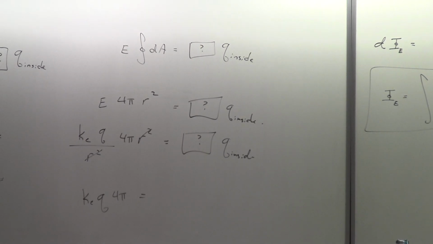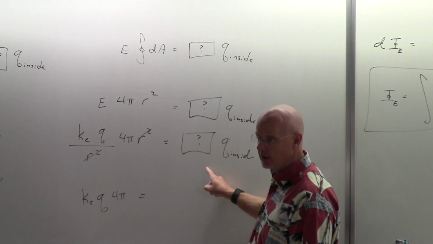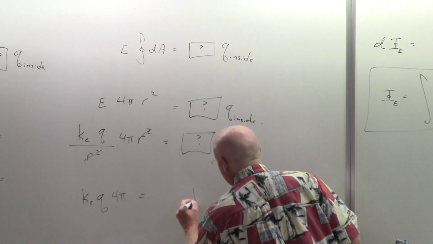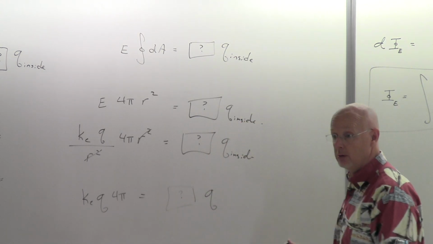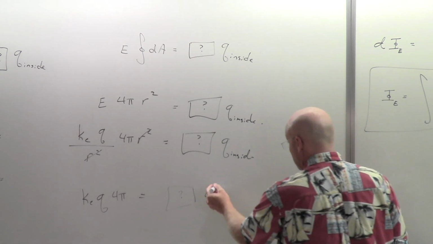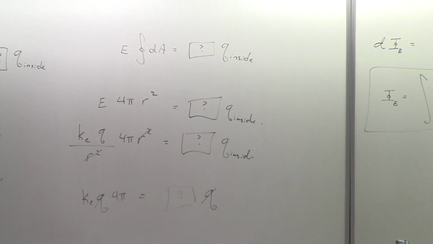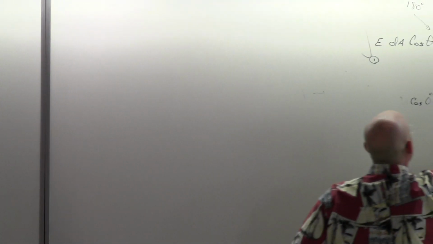Exactly. Of course, what I'm after is this number out in front. What is this number going to be? And so I think we have it now, because the charge inside is just Q. The Q cancels off, and we end up with Gauss's law, although not in its final form.